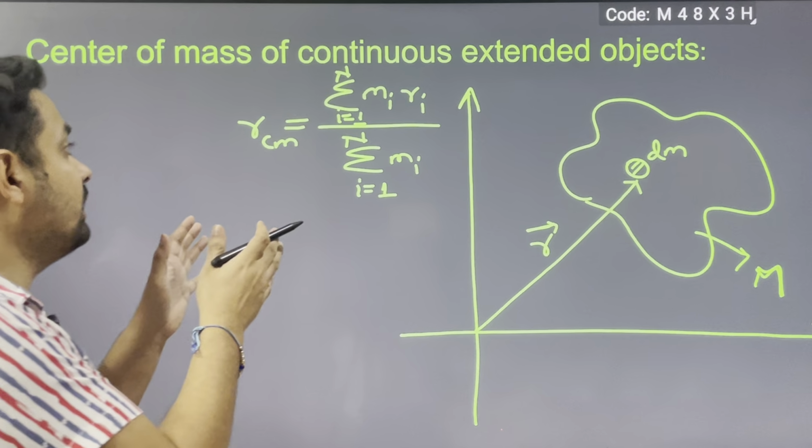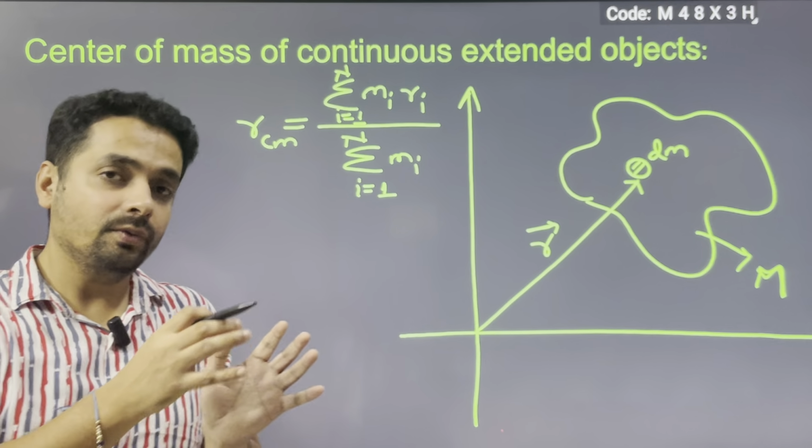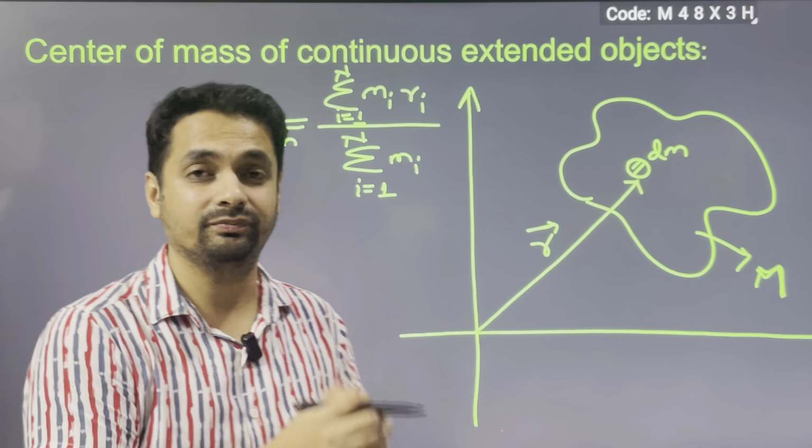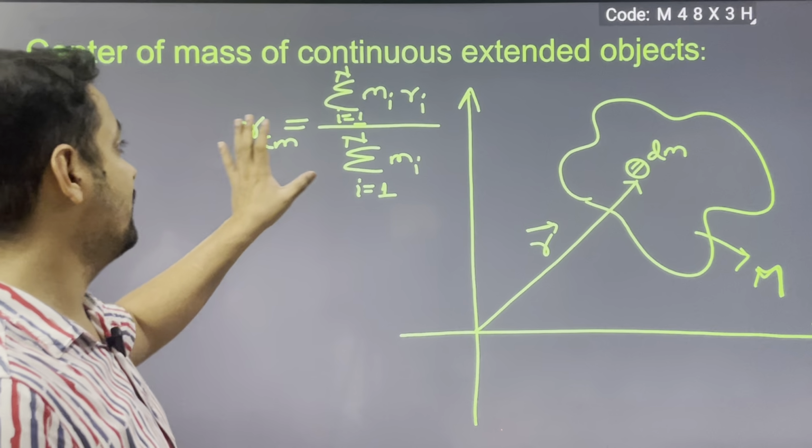So this was the concept behind it. If there are n particles in a system, we find the center of mass in this way.